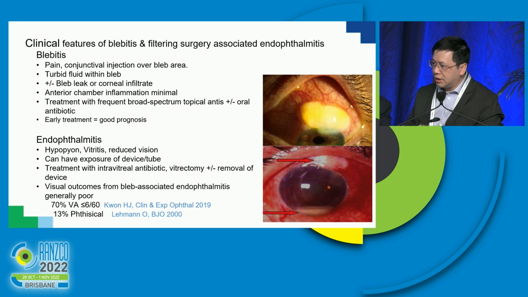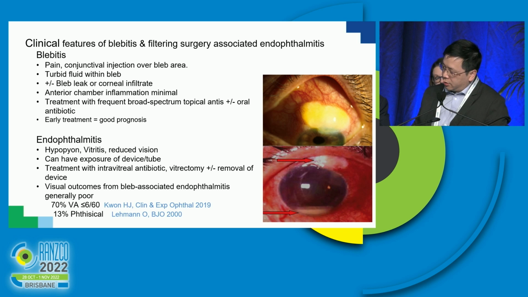The fluid inside the bleb can sometimes be turbid. And there can be some anterior chamber cells of various degree. The treatment of these is generally with frequent broad-spectrum topical antibiotics, sometimes with oral antibiotic cover.